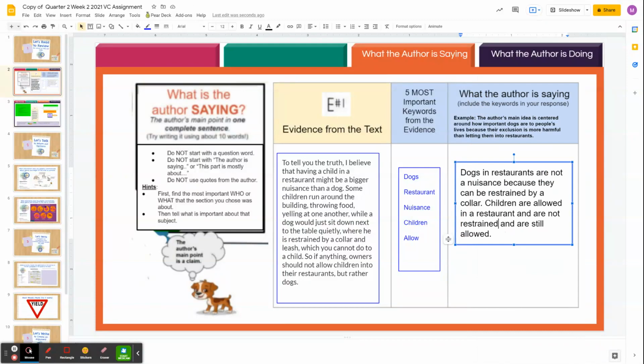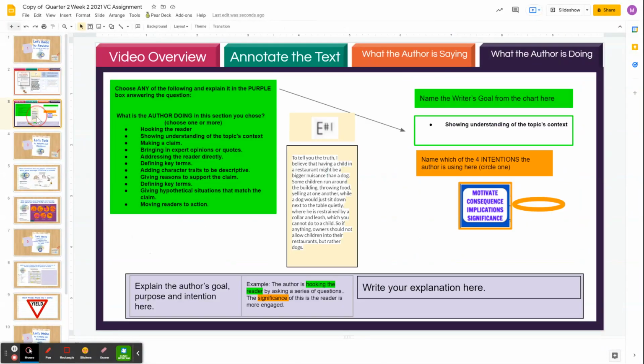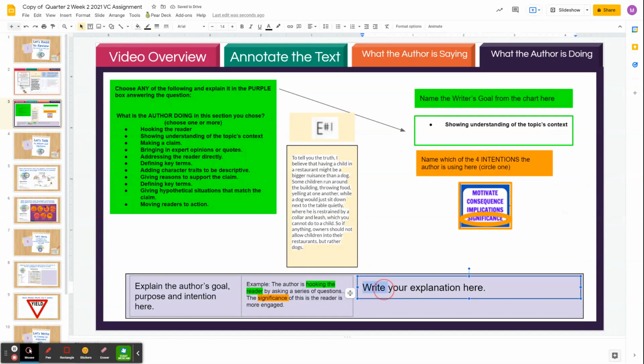Children are allowed in a restaurant and are not restrained and are still allowed. I believe that in that chunk of text, the author is saying the significance, why it's so important that dogs be allowed in restaurants. So I write my explanation here.